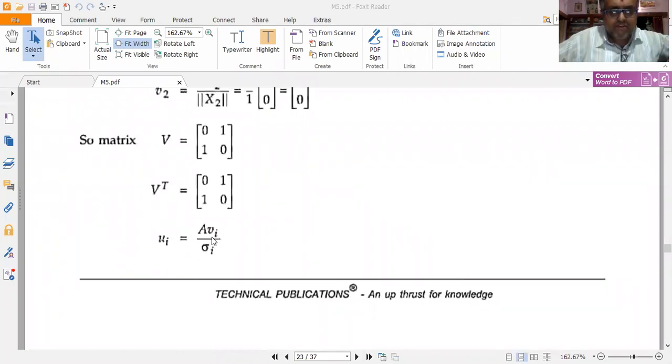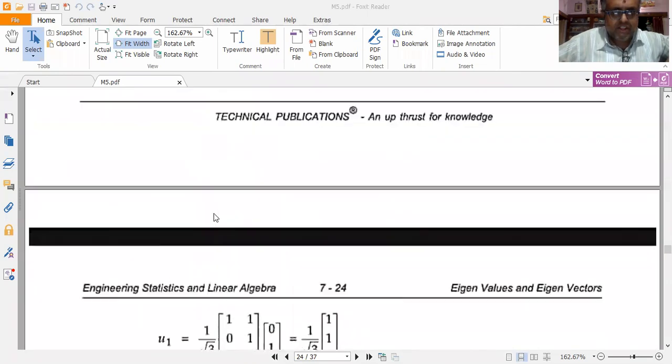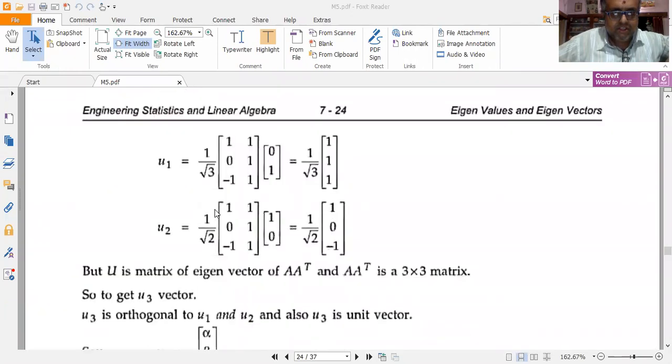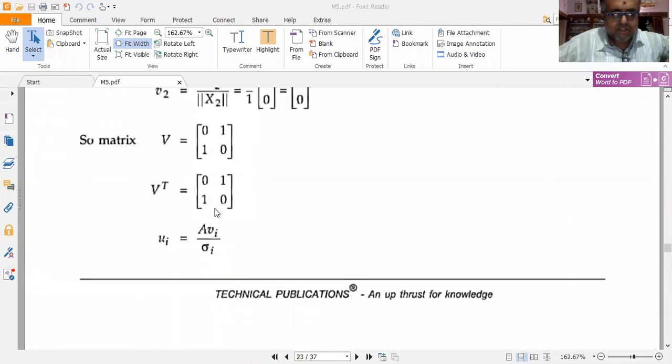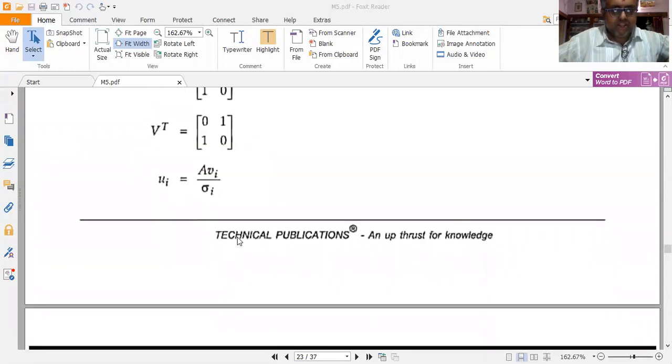Now Ui is equal to A Vi divided by sigma i. This we have defined in the fifth or sixth step of the algorithm. Ui is equal to A Vi by sigma i. So U1 is equal to 1 by root 3 into A Vi.